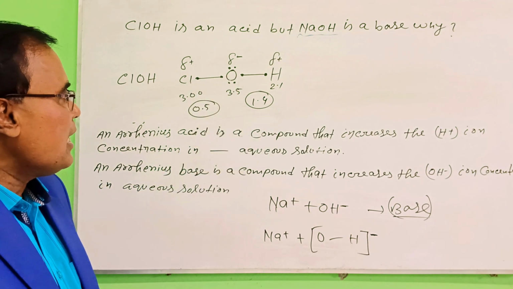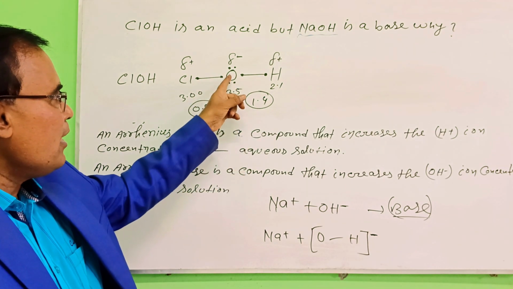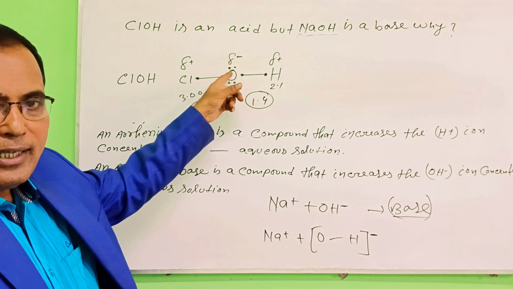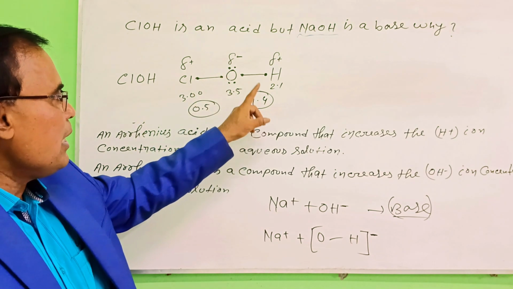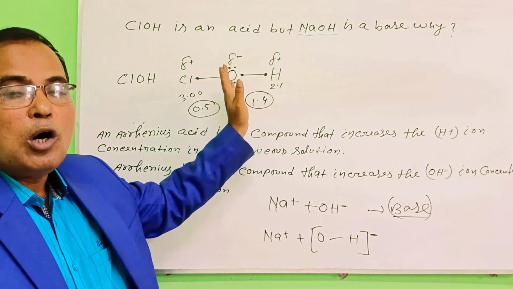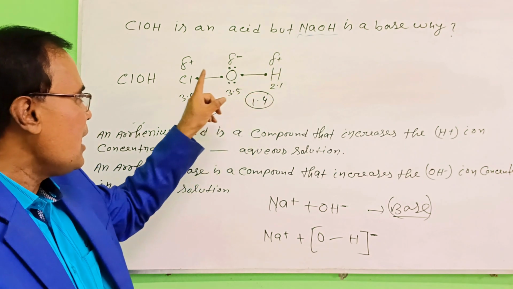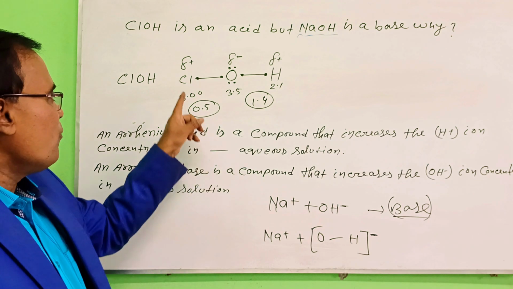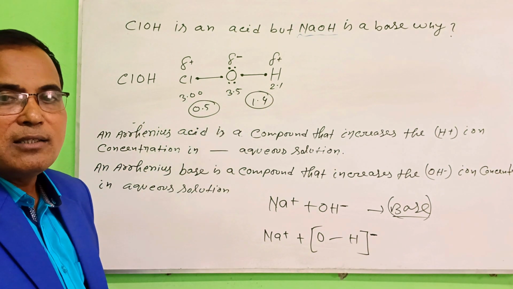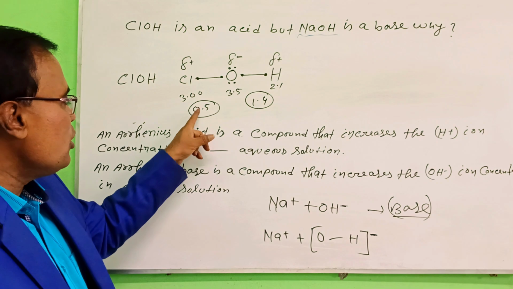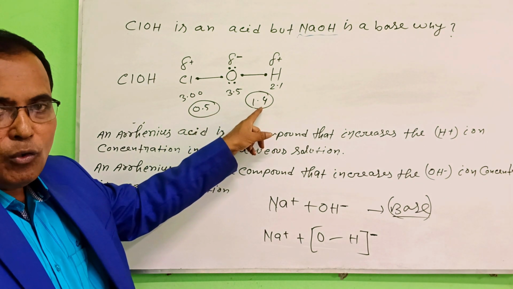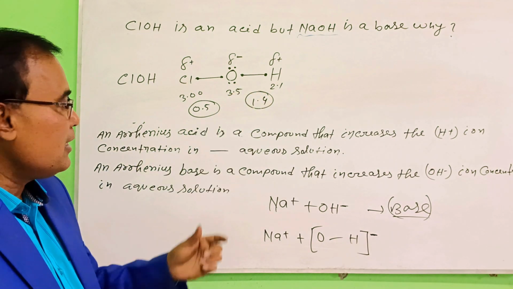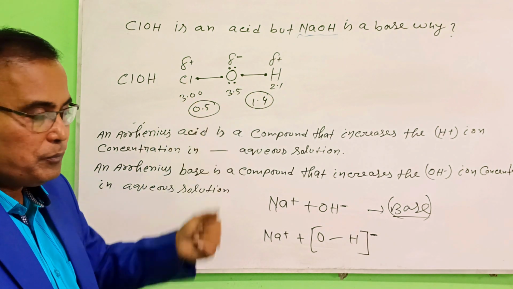So a negative pole will be created at the oxygen end, and oppositely a positive pole will be created at the opposite atoms, hydrogen and chlorine. But the positivity of chlorine and hydrogen is different, because one is 0.5 and the other is 1.4. So the positivity of the hydrogen atom is greater than that of the chlorine atom.